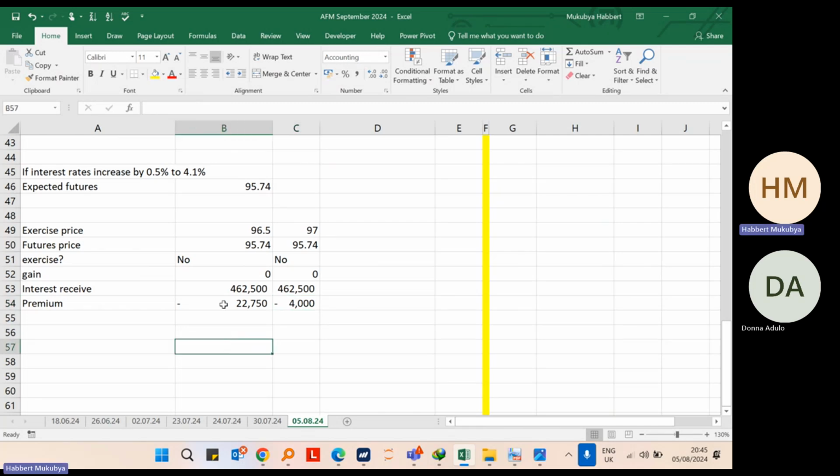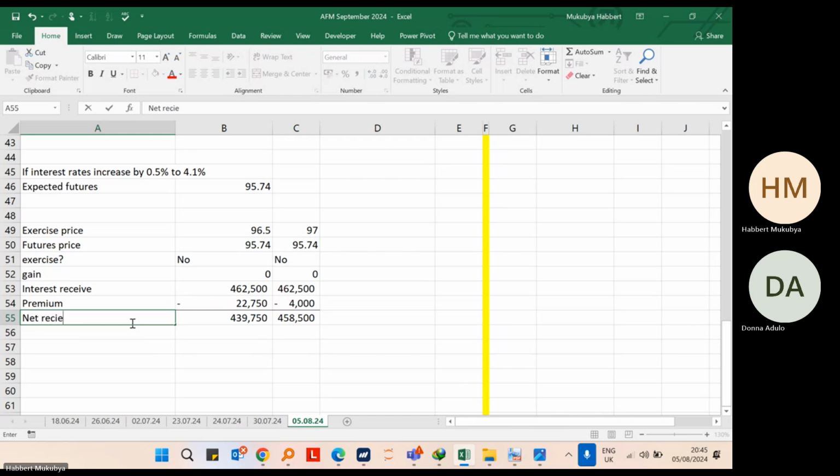Now, in this case, we don't have any gain, so we can get the net receipt or net payment. This case is a net receipt. So 439,750, and 458,500. Then from there, you can get the effective interest rate, which normally is got by getting 439 divided by the 25 million.